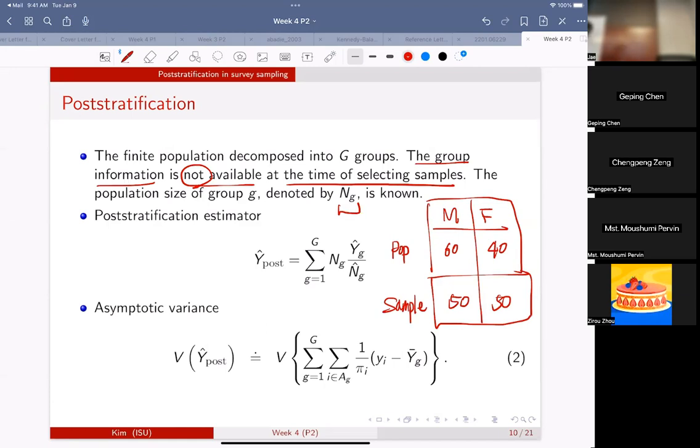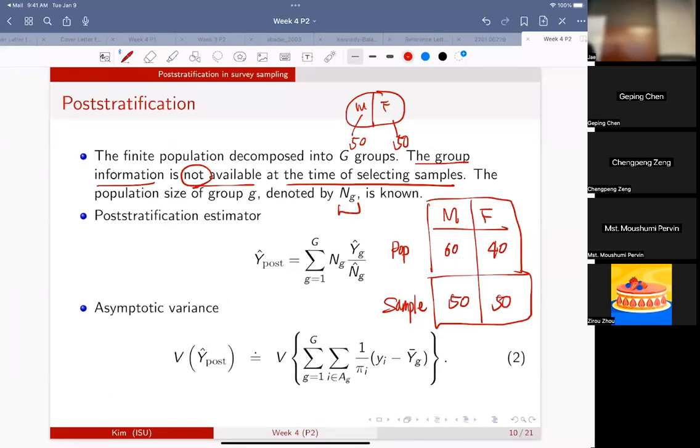Then that means, okay, from the sample, I have a 50-50 male, female. But I know that males are more, right? We have more males than females in the population. So that means somehow we have a selection bias, right? We oversampled the males by chance. And we undersampled the females by chance.